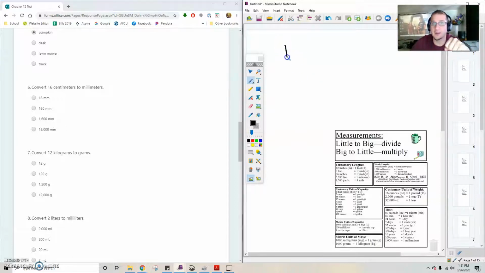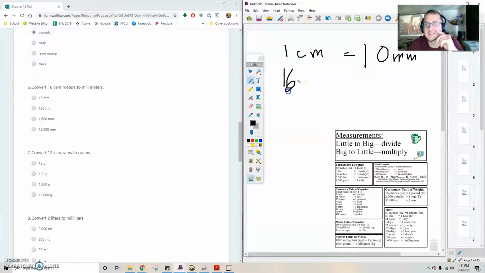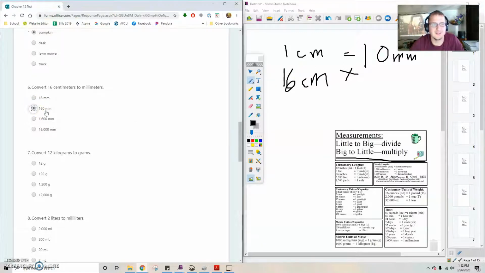Well, if 1 centimeter is equal to 10 millimeters, then 16 centimeters, we're going from the bigger one to the littler one. Big to little we multiply. 16 times 10, well, we simply add the 0 onto the end because we're just moving that decimal point one place. It is 160 millimeters.